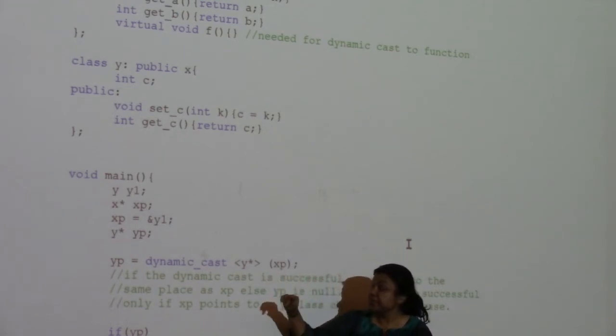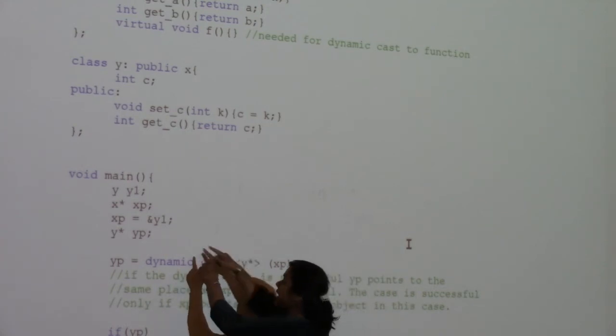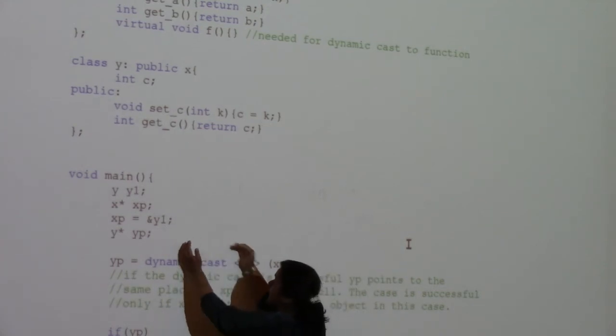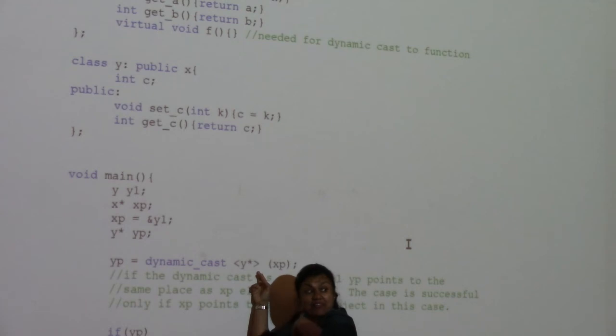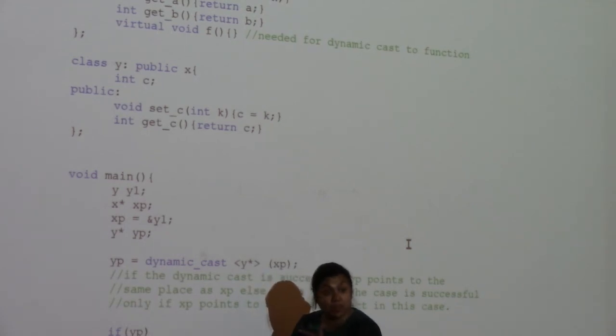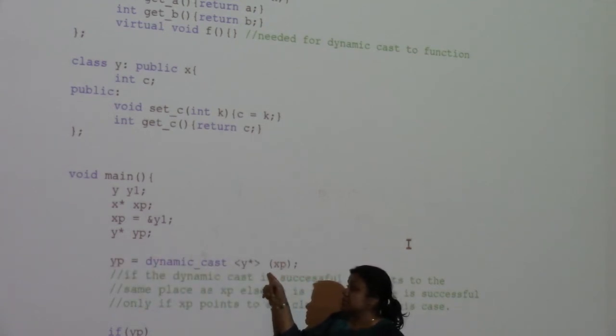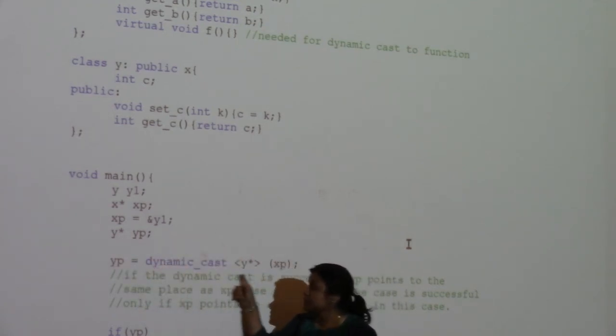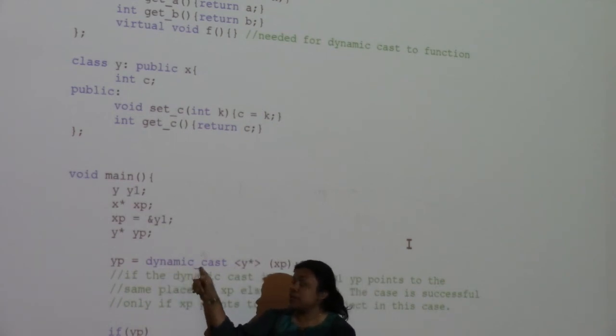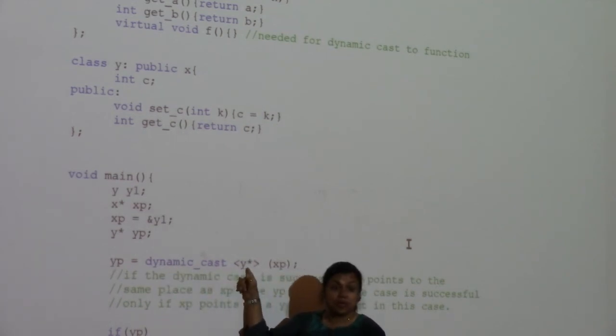The only thing different is, last time I had a Y pointer in brackets in front of it after checking that it is a Y class object. This time I am not checking, I am just making it point to the same place as xp, but what I am using now is called a dynamic cast to Y pointer.